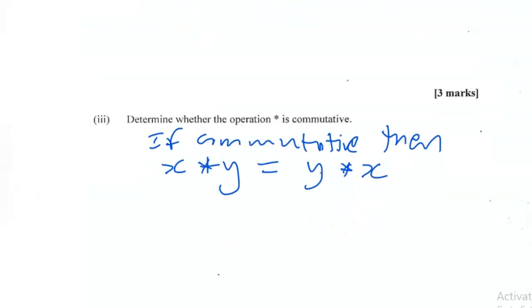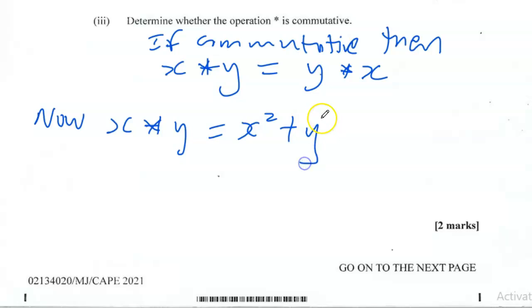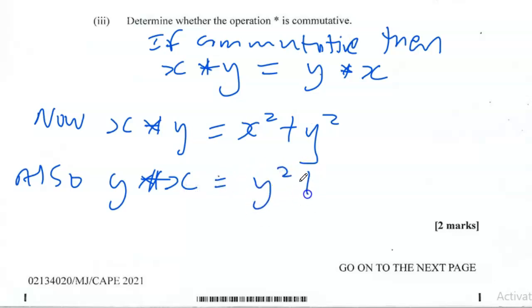Good. Now let's work out the left hand side. As we are told, that is equal to x squared plus y squared, at the top of the question, which means also y asterisk x is equal to y squared plus x squared.